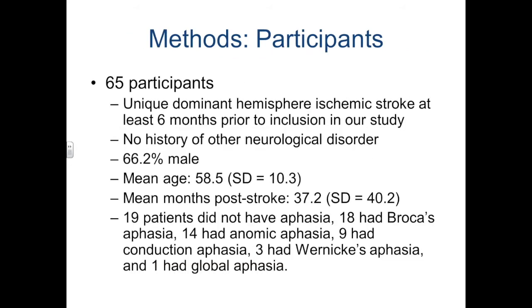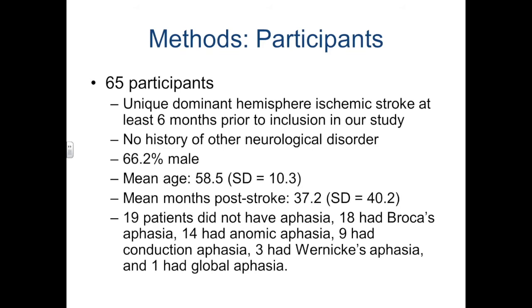So if we jump straight into the data that I want to share with you today, this is a study that was done based on the ongoing cohort of aphasia patients at USC and MUSC and all the C-STAR consortium. These are 65 participants that had a unique stroke in their dominant hemisphere.